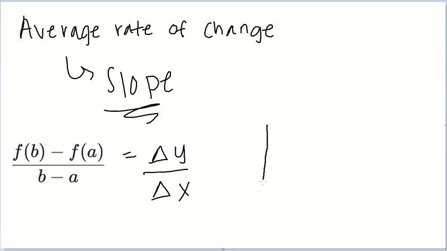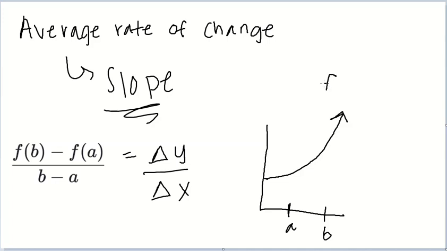Well, if we have some function that is curvy, so this is not a straight line, and then I have some spot A, and I have a spot B. Again, A and B represent some x values on the x-axis here.